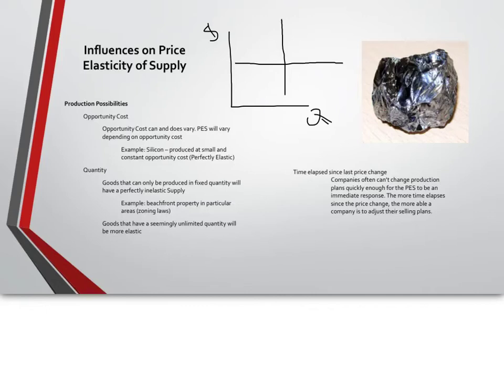Okay, we say specific area because we have zoning laws, right? So in those types of places, you're going to have laws that restrict the amount of property that can be used to create new homes, new properties. And so for those, you're going to have essentially a perfectly inelastic supply. It can't change.